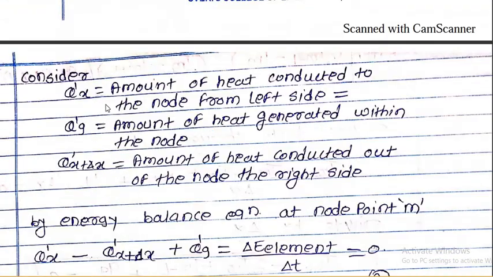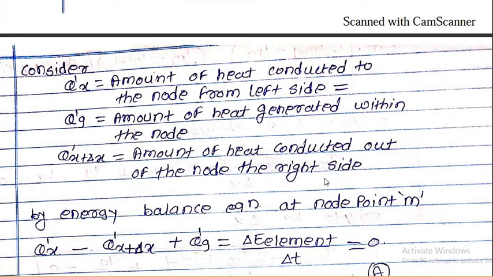So consider q dash x is the amount of heat conducted to the node from the left side, and q dash g is the amount of heat generated within the node. Then q dash x plus delta x is the amount of heat conducted out of the node to the right side.